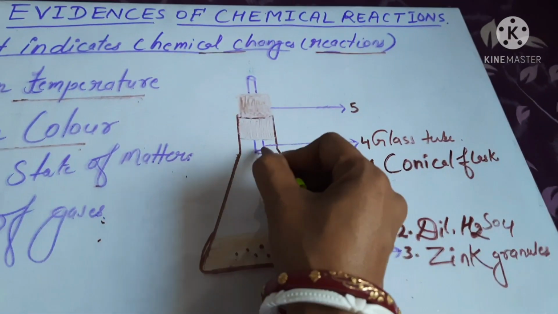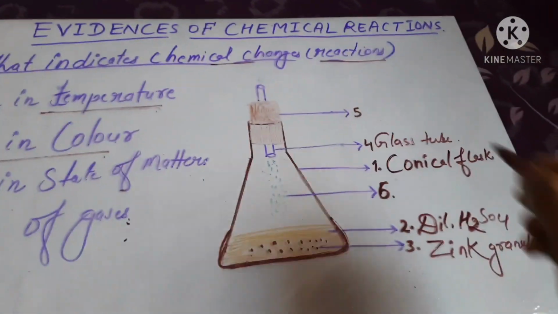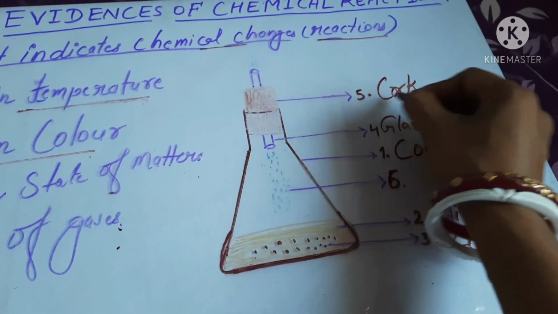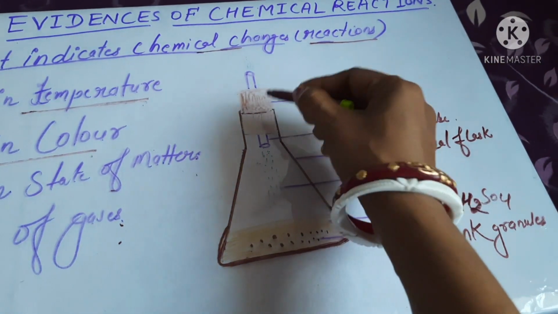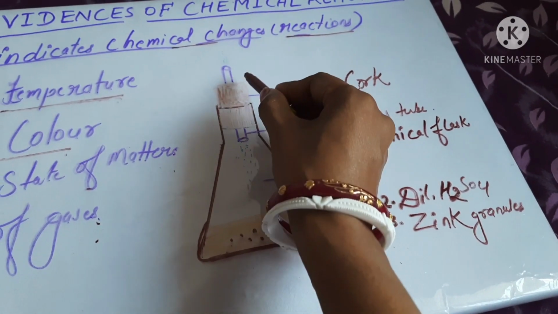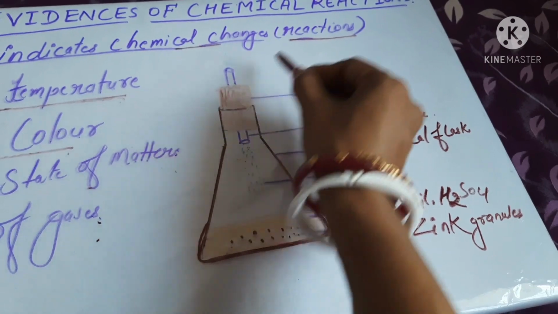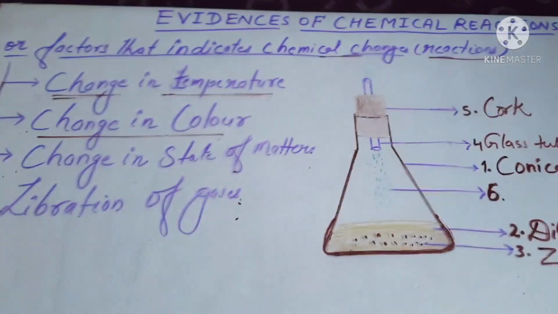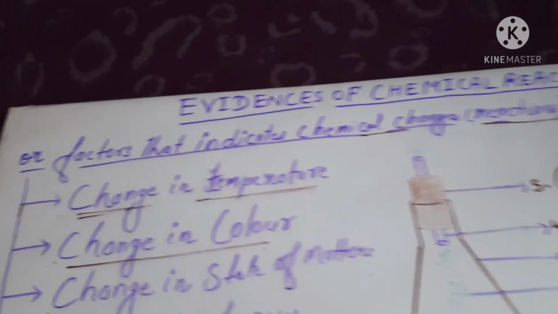And the fifth one is the cork made of rubber. It can easily be fixed in the mouth of the conical flask, and it prevents the entry of air from outside to inside the conical flask.